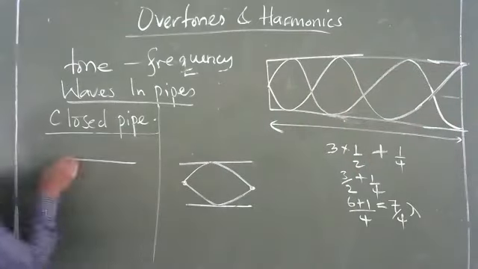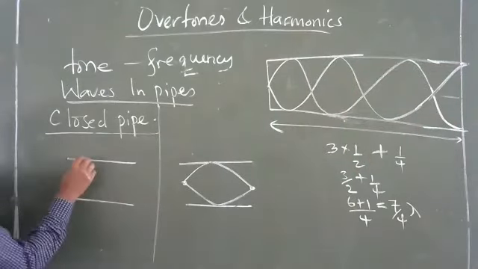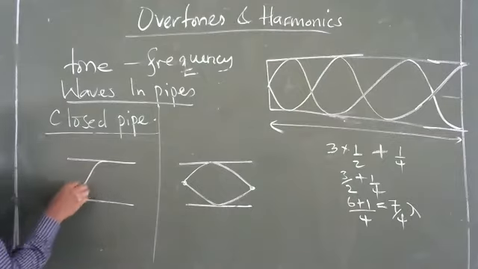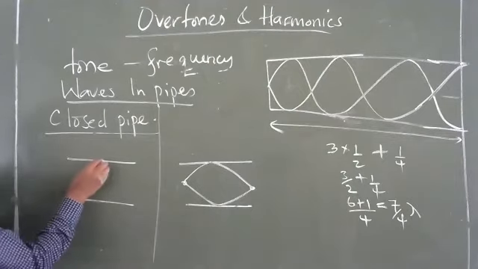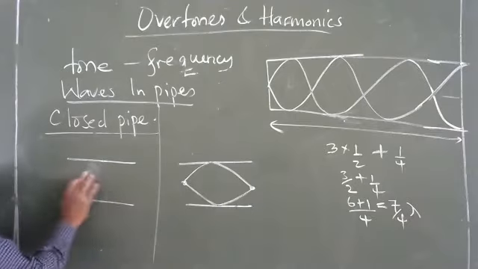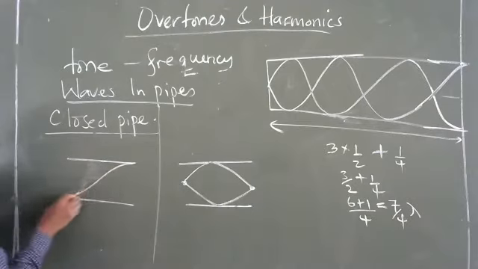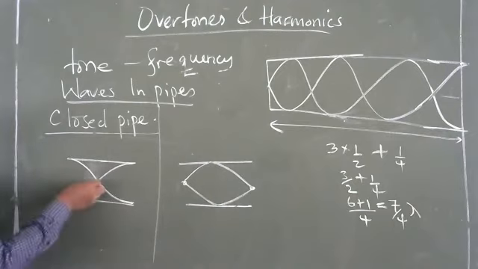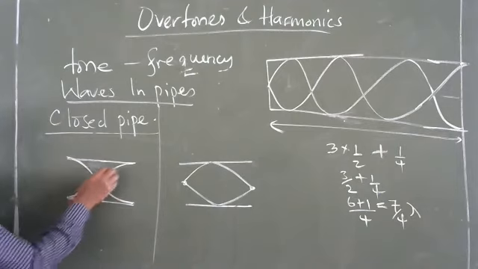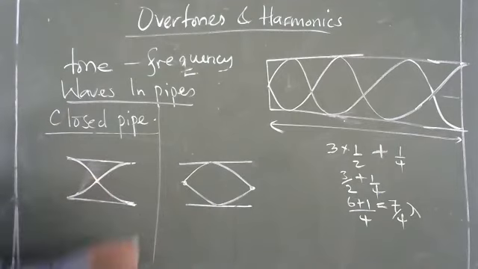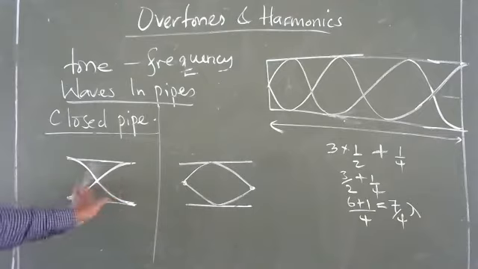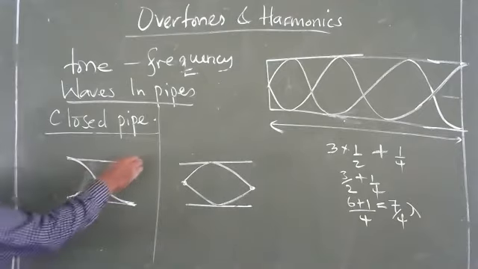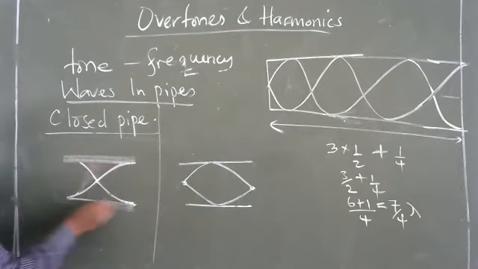So the correct diagram would be this. Like this one, this side they open, and also this side they open. That's what should be the correct diagram, where the pipes are open on both ends.